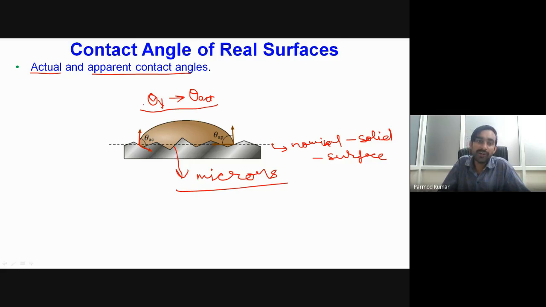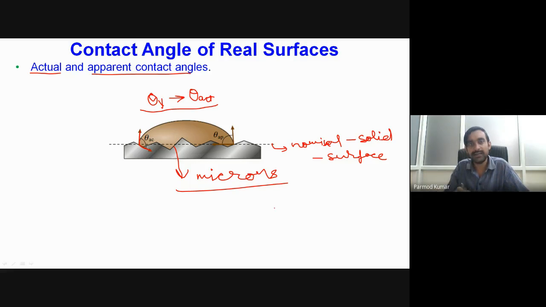One important point I would like to highlight is that initially Gibbs gave the hypothesis that if we have a perfectly smooth surface, we will have only one point corresponding to the minimum surface energy state.